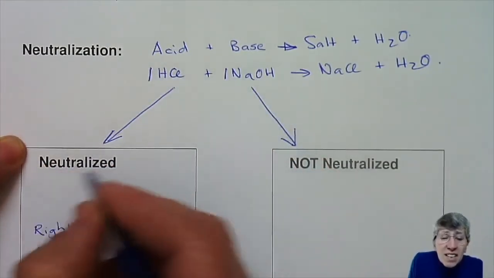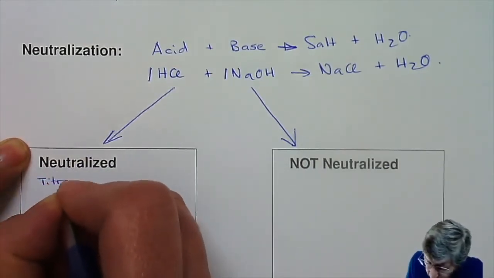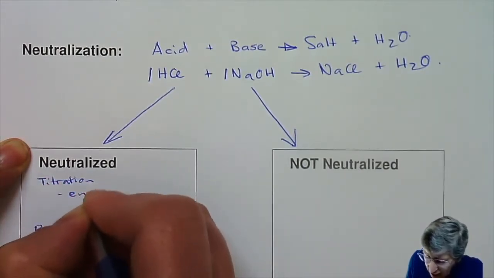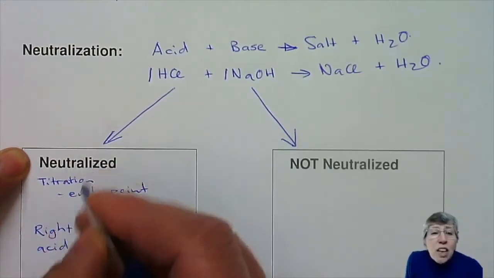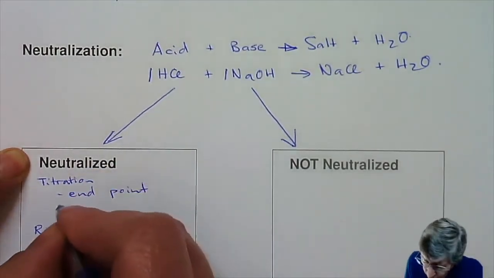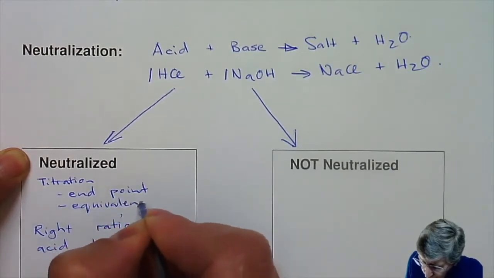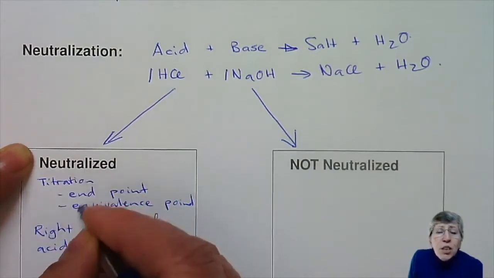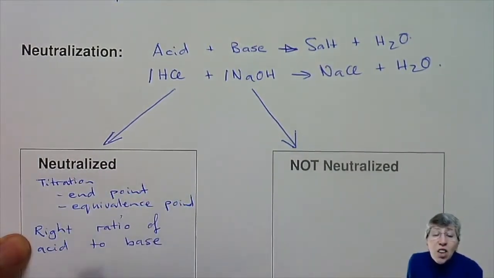Another way that they can tell you that they're in the right ratio is when it is a titration. They will tell you you are at the end point, or they sometimes call that the equivalence point. So all of those in a question will tell you only that they are now in the right ratio.